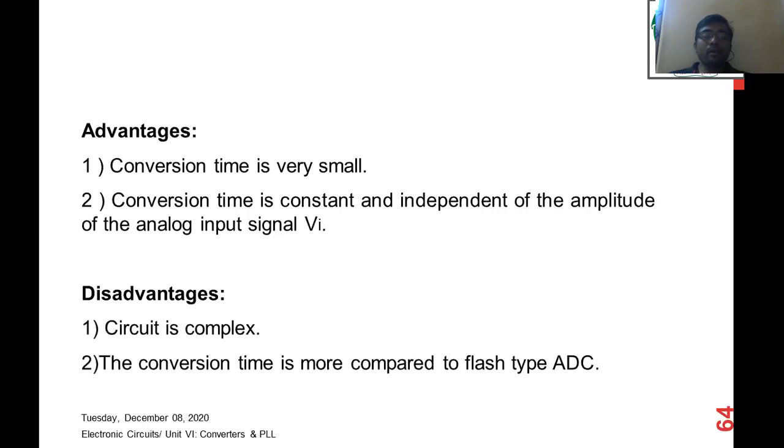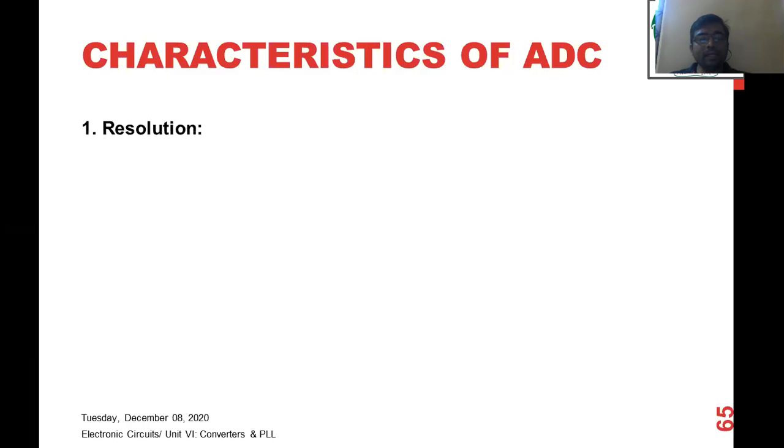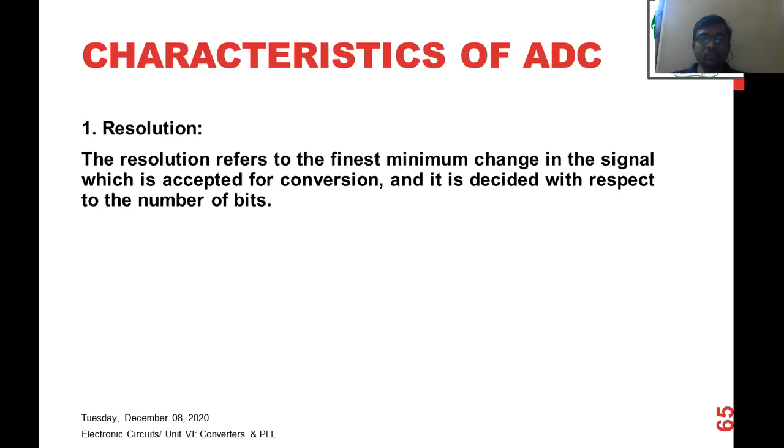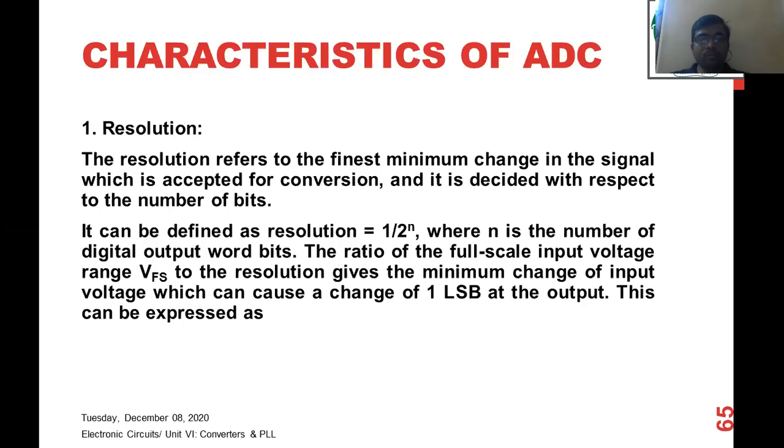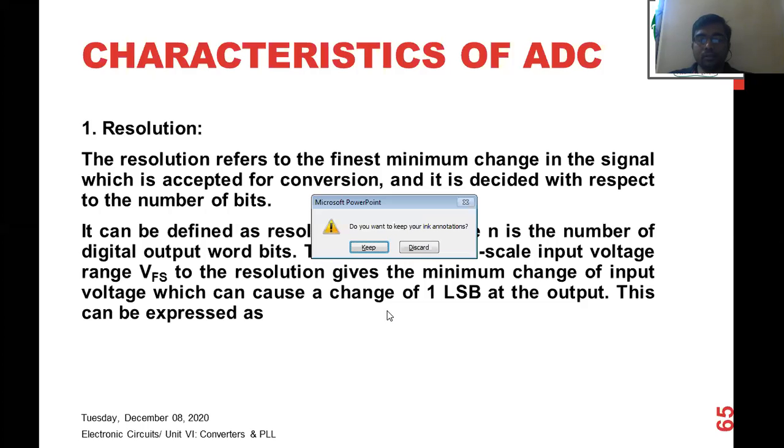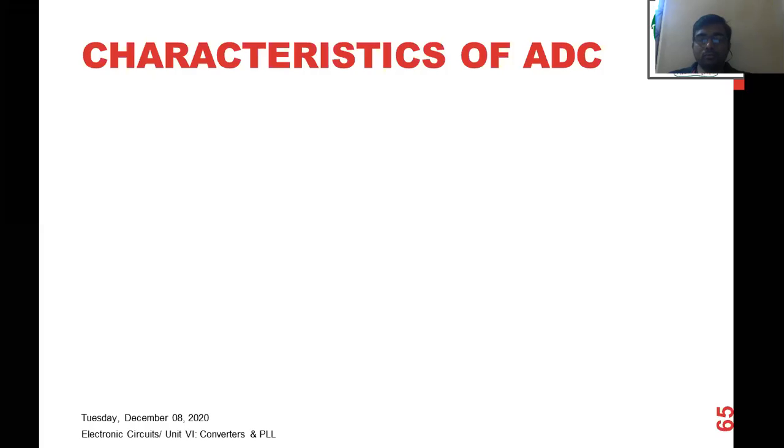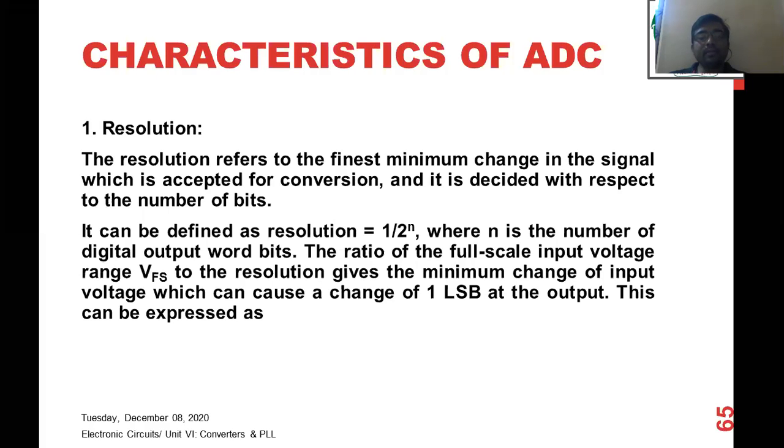Now we have to see the characteristics of the ADC. Like the DAC, there are some characteristics of ADC also. Similar terms are mostly repeated here. So first one is the resolution. We have seen the resolution refers to the finest minimum change in signal which is accepted for the conversion. It is decided with respect to the number of bits.